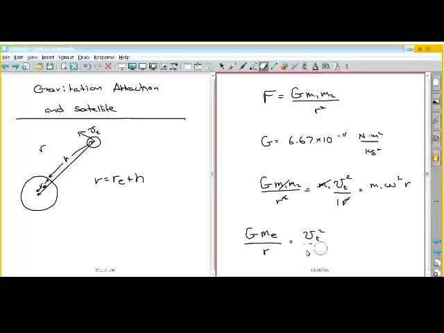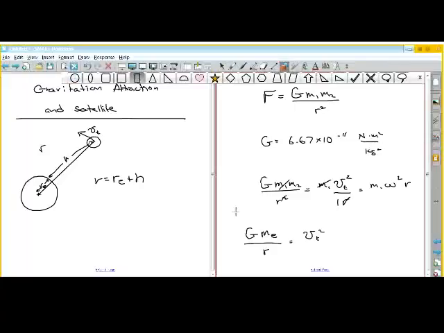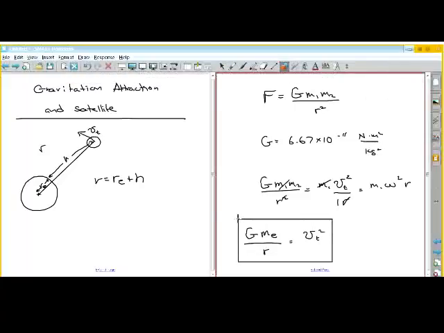So there's one equation that relates the tangential velocity to the radius of the orbit, the mass of the object at the center of rotation, and the gravitational constant.